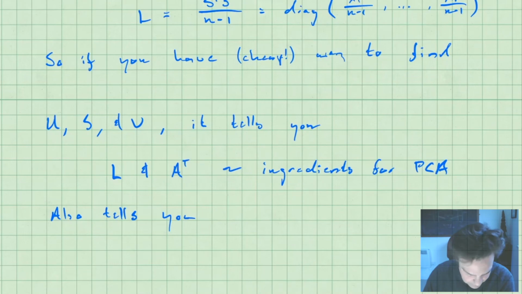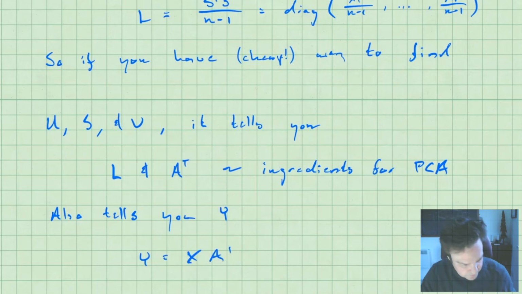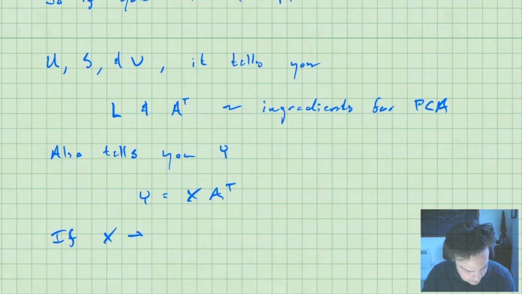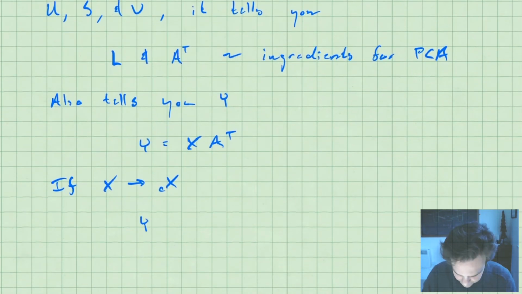the matrix Y, right? Because look, Y is equal to X times A transpose. Remember, that's the rule for how you get into the PCA frame. And so if X goes to X centered, then what we get here is Y is equal to X centered A transpose.